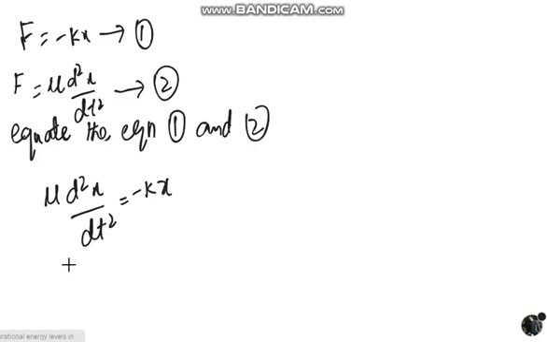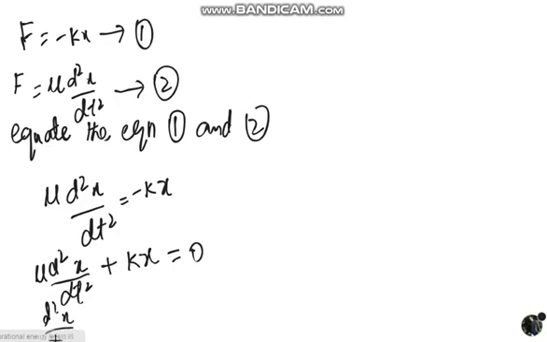We can also write it as mu d square x divided by dt square plus kx is equal to 0, or d square x divided by dt square plus k over mu into x is equal to 0.